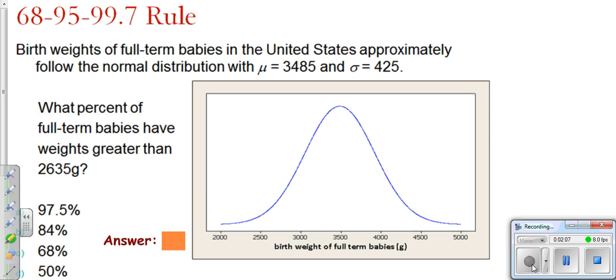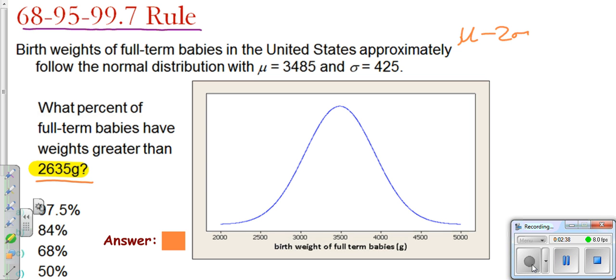Keep in mind, whenever you're asked to use the 68, 95, 99.7 rule, the number that we're looking at right here is always going to be a whole number standard deviation above or below your mean. It's either going to be one standard deviation away, two standard deviations away, or three standard deviations away. In this case, our 2,635 is two standard deviations away.